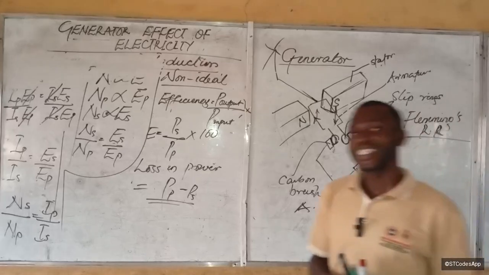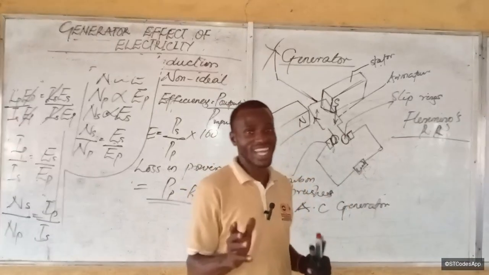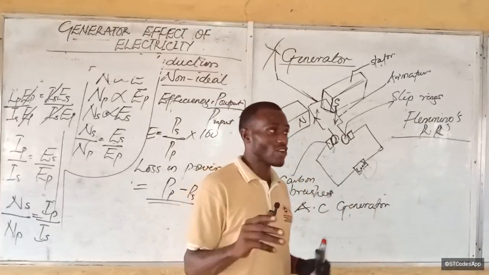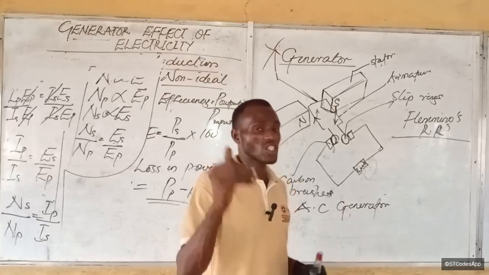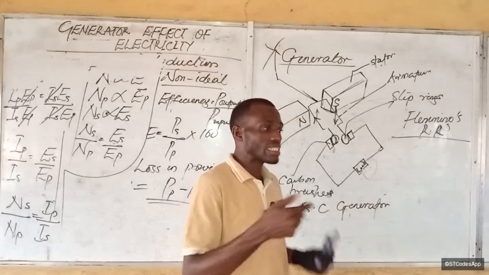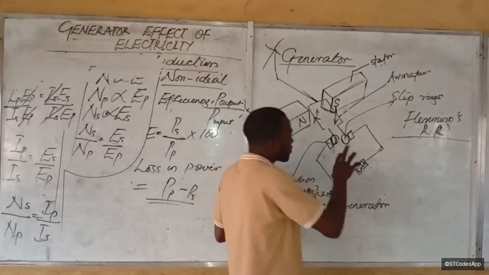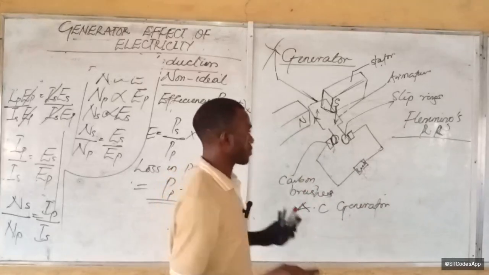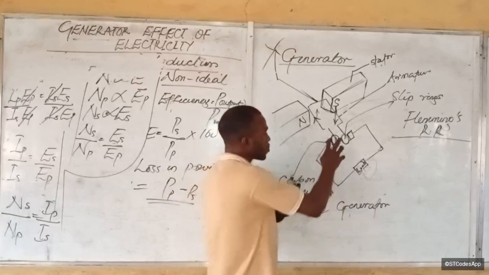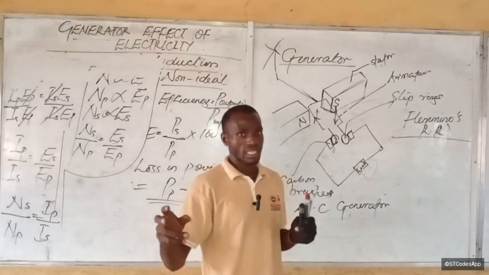Is that okay? The split ring does not split anything. It doesn't shatter anything or whatever. What it does is change the direction of the contact so that at every 180 degrees rotation, the contact between the ring and the carbon brushes changes.